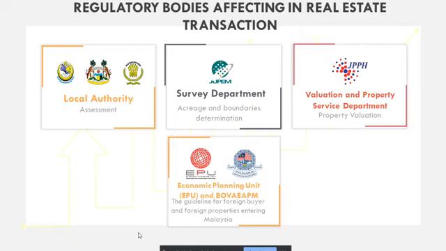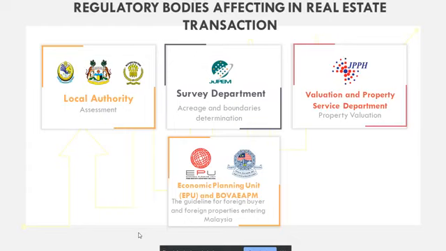But if your client is a government servant, the property valuation for the loan needs to be determined by JPPH, not the firm anymore. If your client is a government servant, JPPH will determine the value. It's not that the valuer firm gave a wrong value figure.